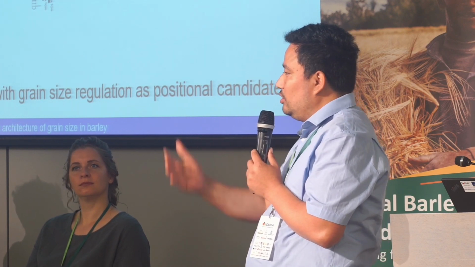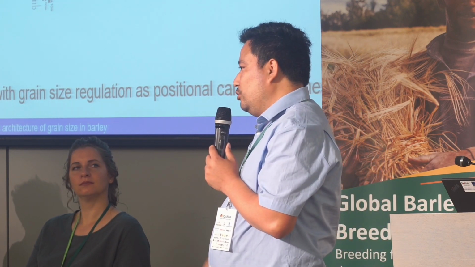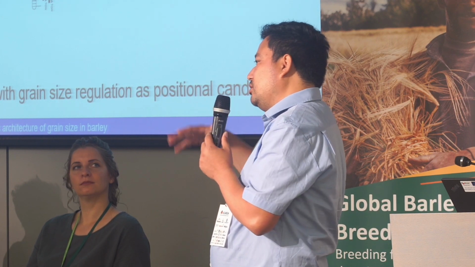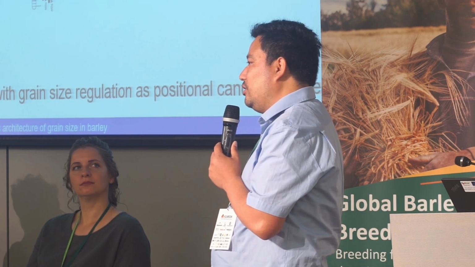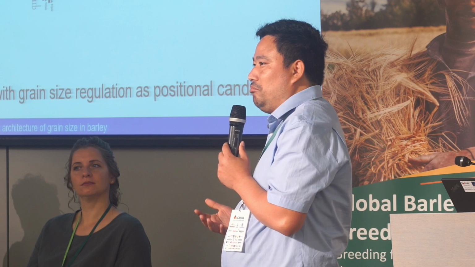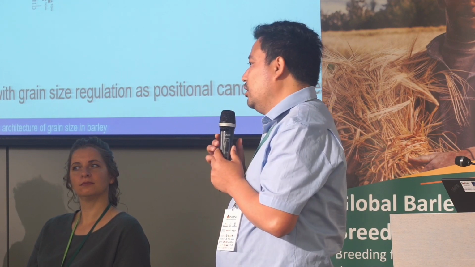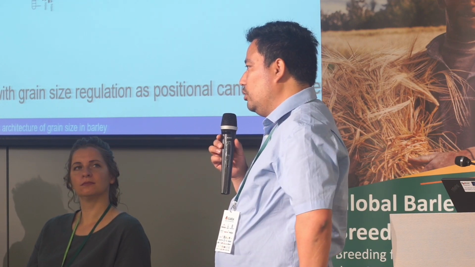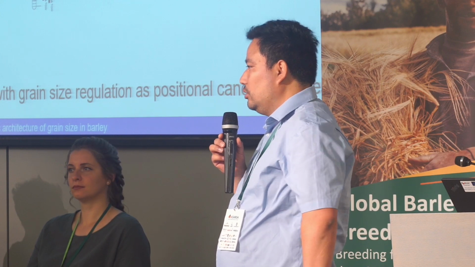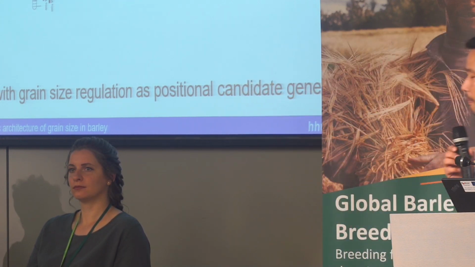But as you said, we will also try to stack the favorable alleles in one single plant. We have not thought about it, but this is something we would like to do in the future. Last one, Gustavo.